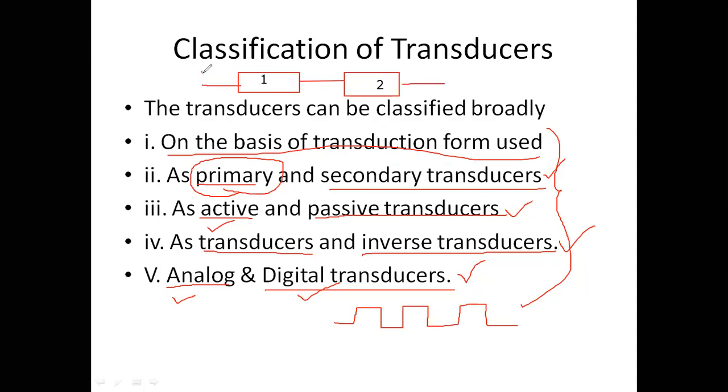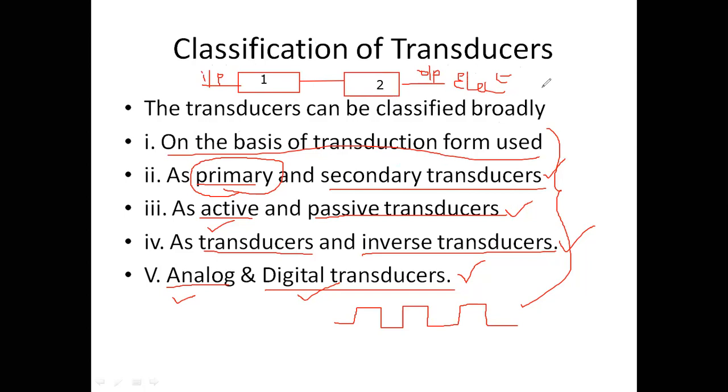This is the input, and the output is now in electrical form, voltage or current. Sometimes I need a series of transducers, 2, 3, 4, 5 and so on, based upon my requirement.